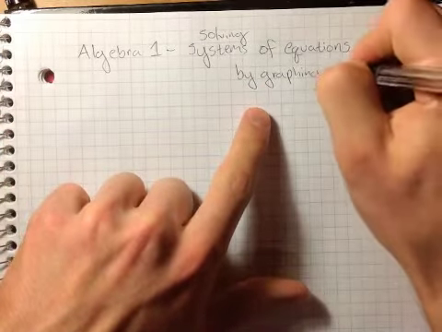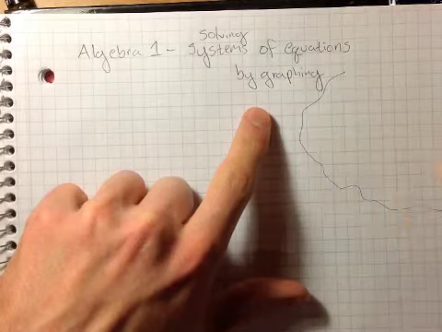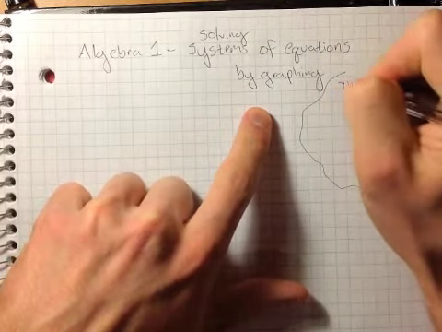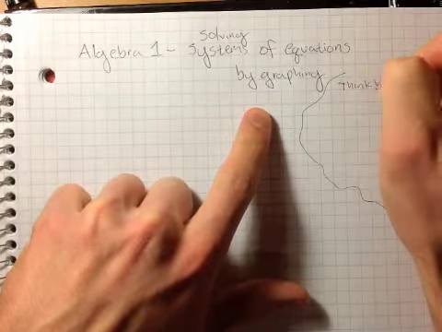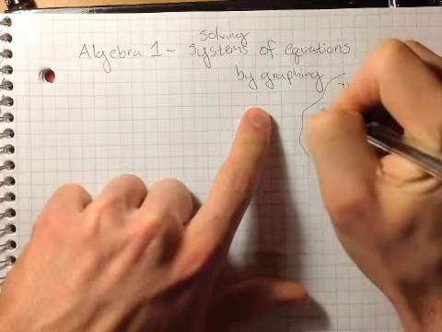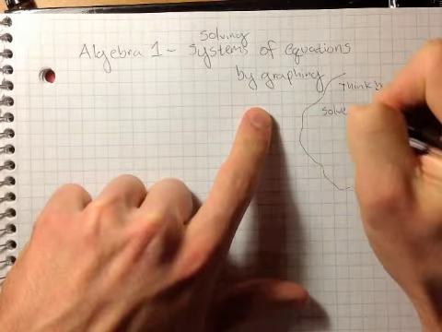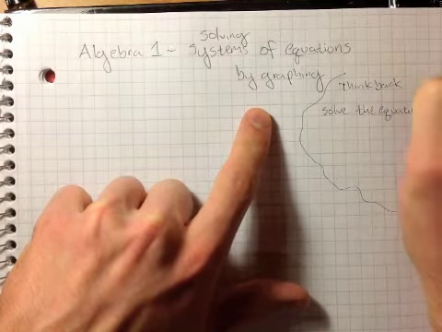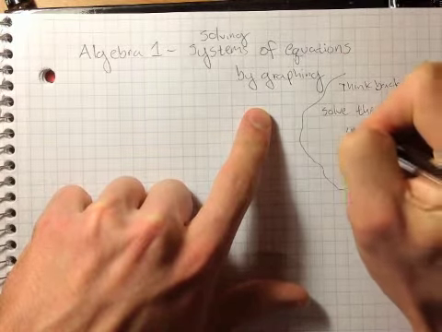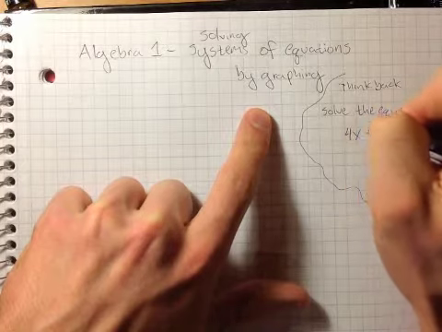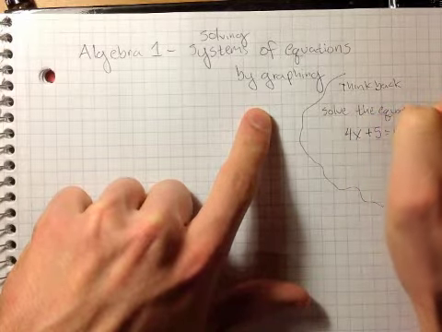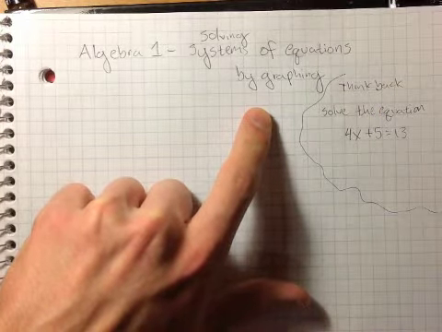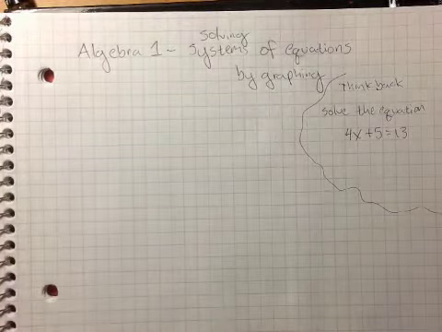First of all, let's have a little thought bubble out here, a think back. If I asked you to solve the equation, let's say, 4x plus 5 equals 13, you know what that means.